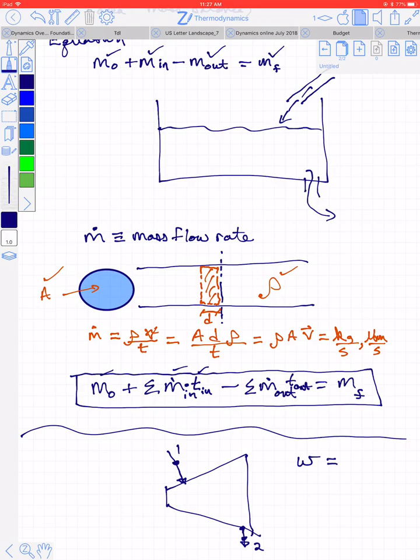The work, in fact, will be the change in energy from point 1 to point 2, and we use enthalpy, or H, as you've seen in other videos and we'll see in future videos, to show how much energy the steam had when it came in at point 1 and when it came out at point 2. However, that energy is flowing in a mass.